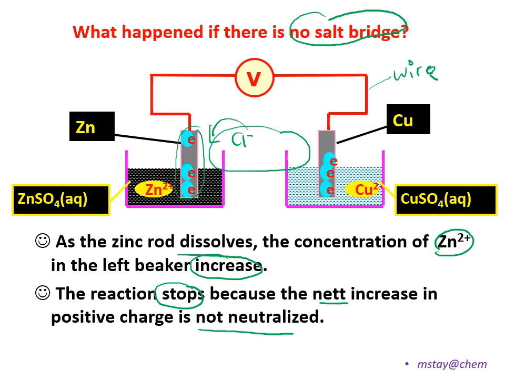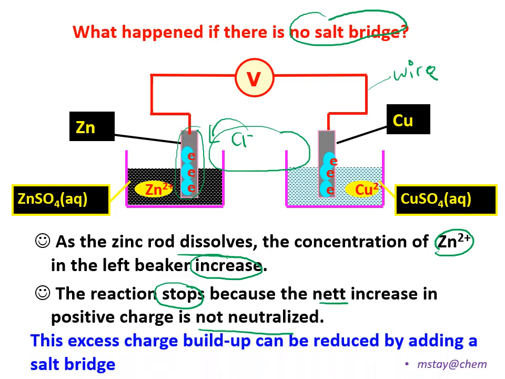Okay, by explaining with this, I think we have already covered the 3 learning objectives: how to sketch the electrochemical cell for the galvanic cell, and another term for galvanic cell is voltaic cell, then how this galvanic cell operates, and the function of the salt bridge in maintaining electrical neutrality.